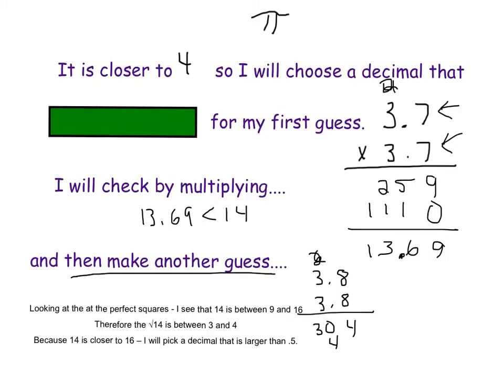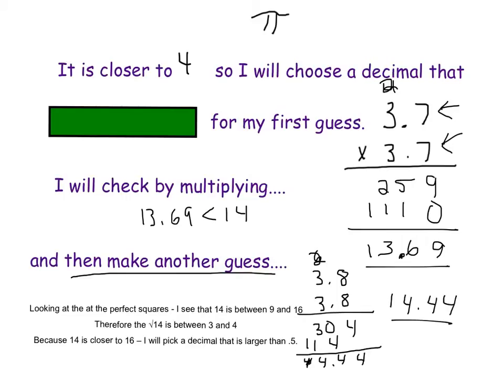Carry the 2. 3 times 3 is 9, plus 2 is 11. I'm going to add down, and I'm running out of room. 4, 4, oops, 1. So now I have 14.44. So we know it is somewhere between 3.7 and 3.8, but we have to give an answer.